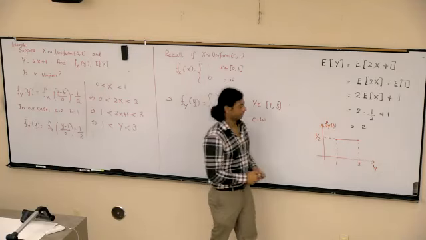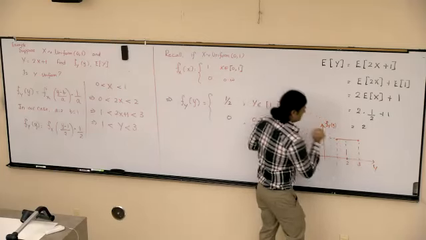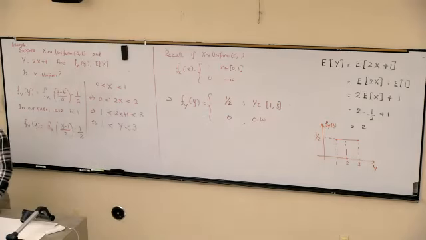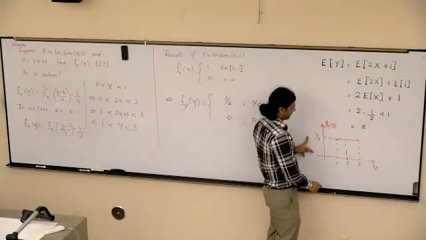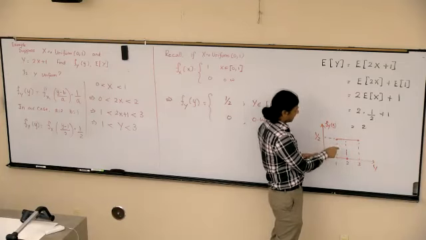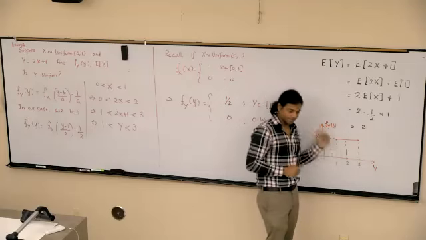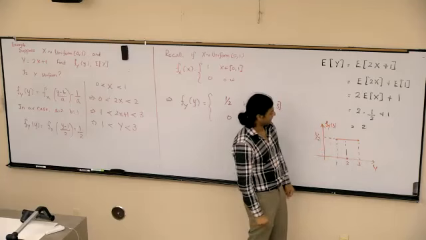In addition, the mean is 2. So by the looks of that, is it a proper density? Well, we just want to find the area of that rectangle. So 1/2 times 2 is 1, a density. And it is defined between 1 and 3.